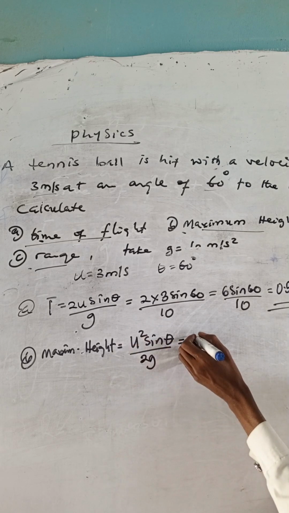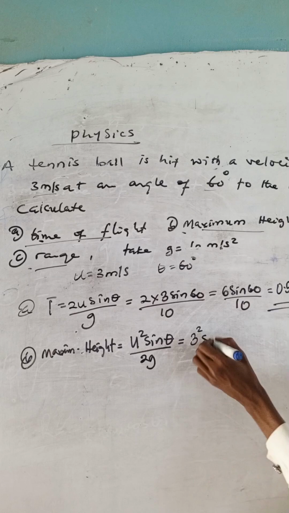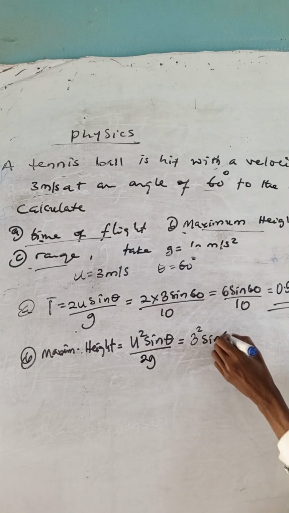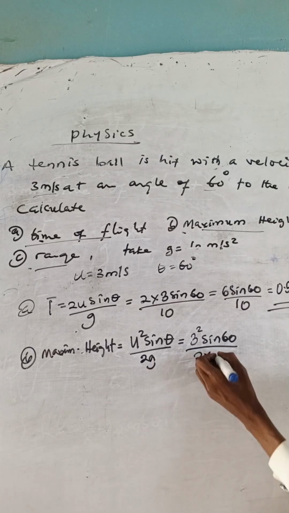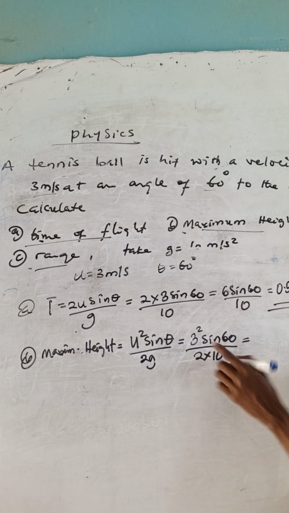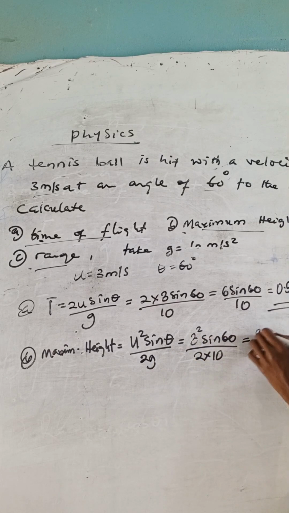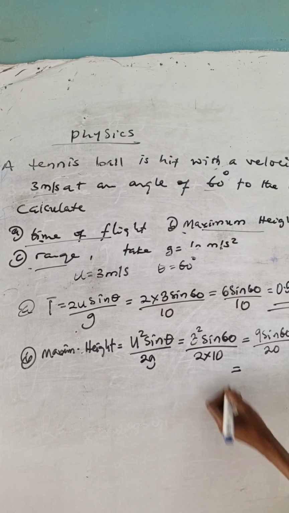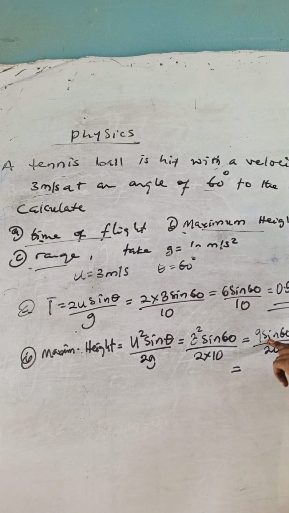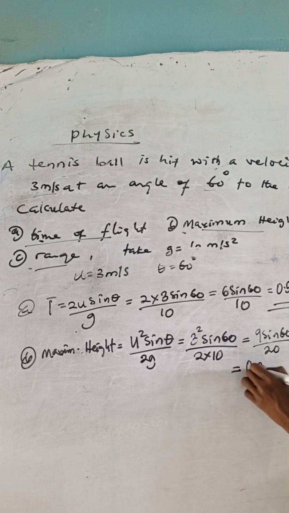Recall u equals 3 squared, sine, the angle is 60, divided by 2 multiplied by the value of g, which is 10, which is equal to 3 squared is 9, sine 60 divided by 2 times 10 is 20, which is equal to 9 sine 60 degrees divided by 20, will give you 0.34 meters. So this is the maximum height of the projectile.